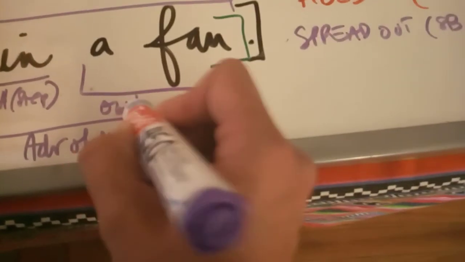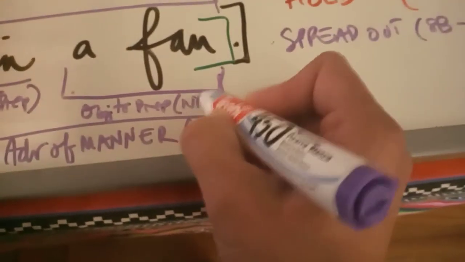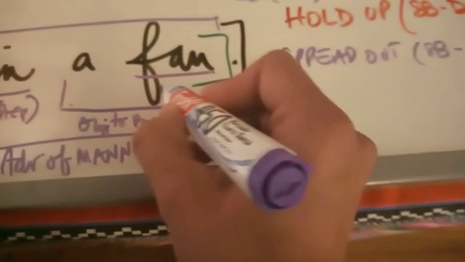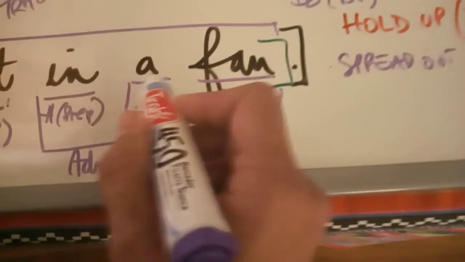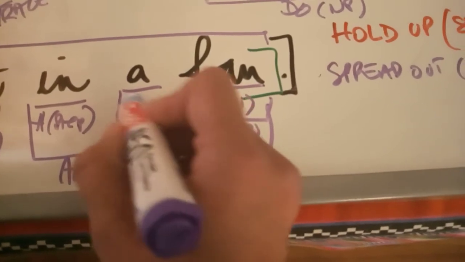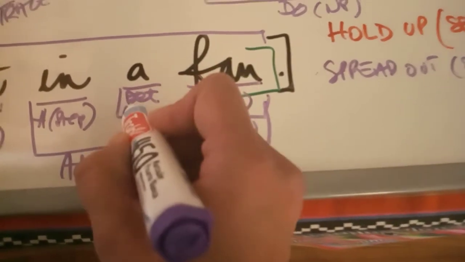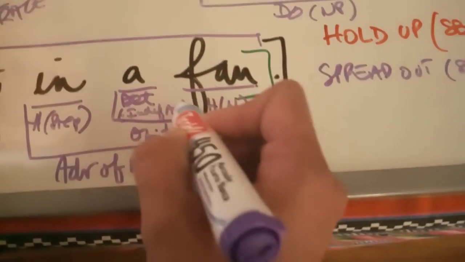Here we have the object to the preposition, which is a noun phrase. Fan is the head, that is a noun. And then this is the determiner, which is the indefinite article. All right?